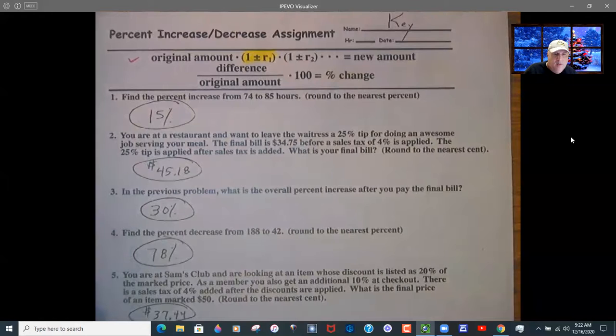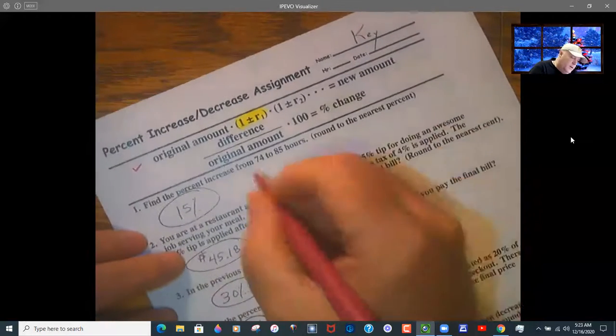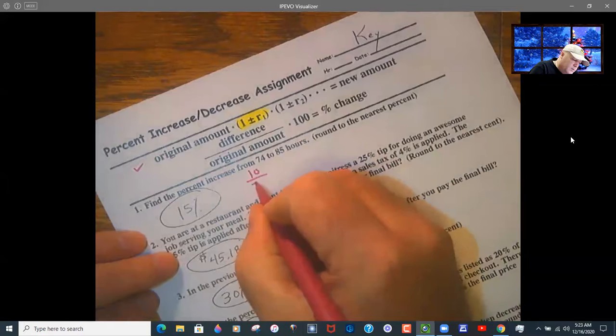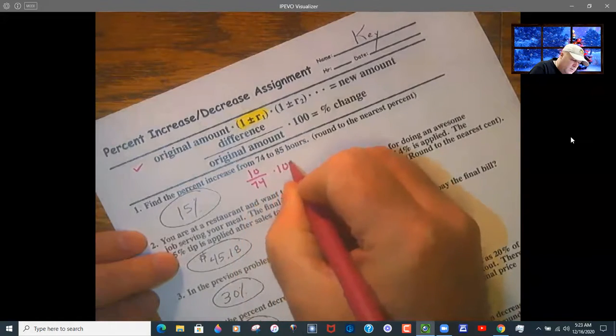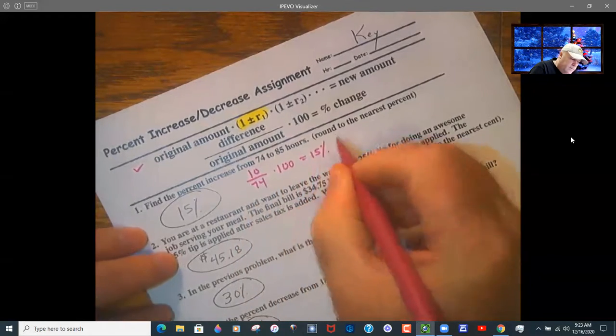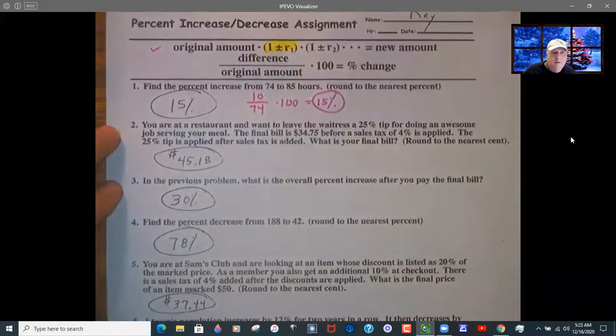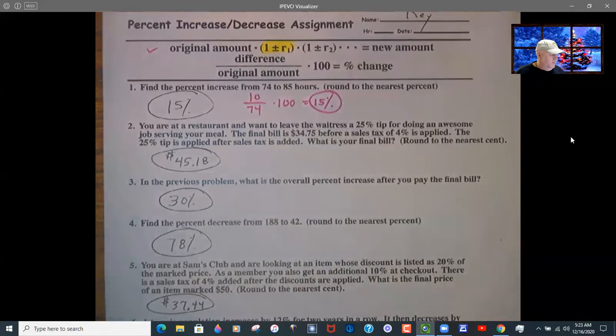The second one, not so much, but you need to know it. It's the difference over the original times 100. So you see on number 1, the difference is 10 over the original times 100. That's when you want to know percent increase.